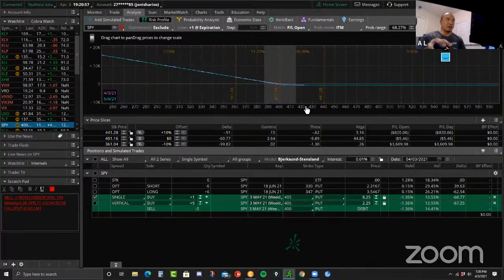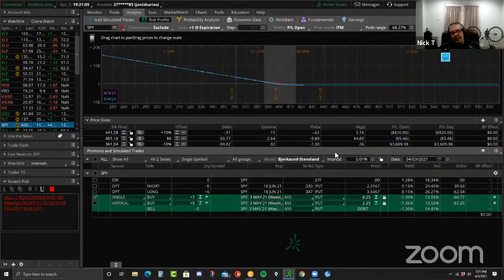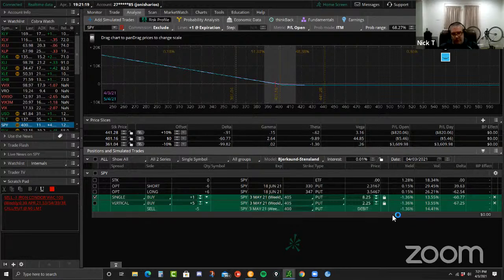If the SPY drops from 400, you're basically hoping to finish somewhere between those two deltas, where your 825 goes to nothing and you still have something of your 225 left from the other puts you bought.